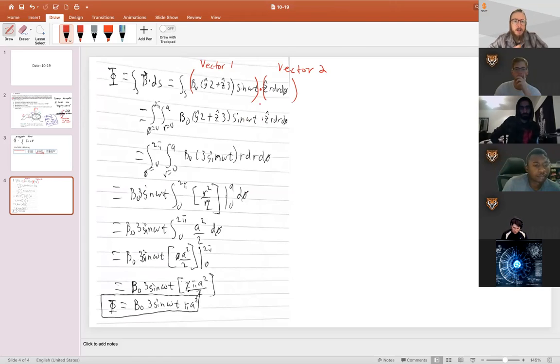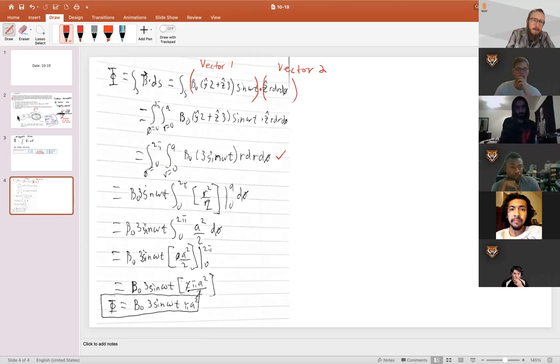When we take the dot product between these two vectors, this vector has no y component, so we should lose that when we go down here. So that's what this looks like. So good job. And then on this, how did you choose the limits? Is this Mario's work?